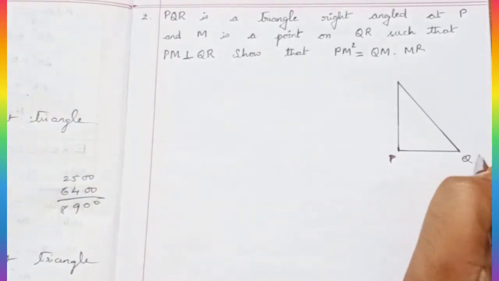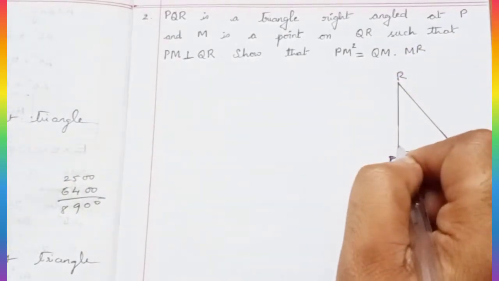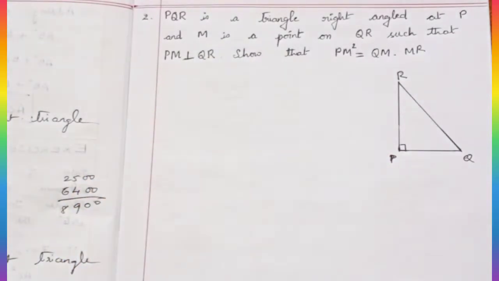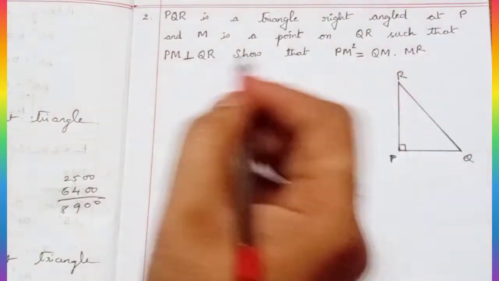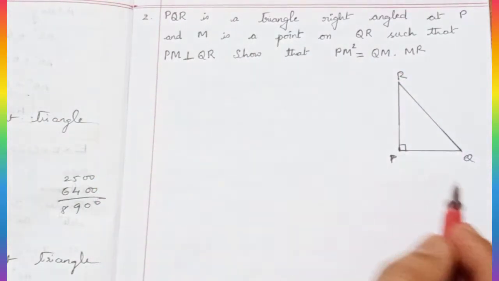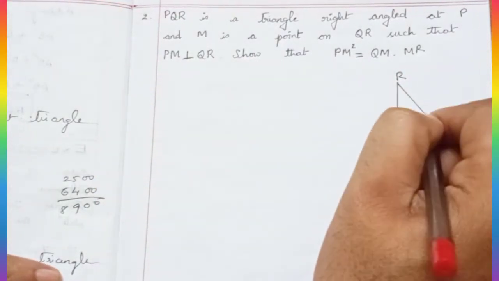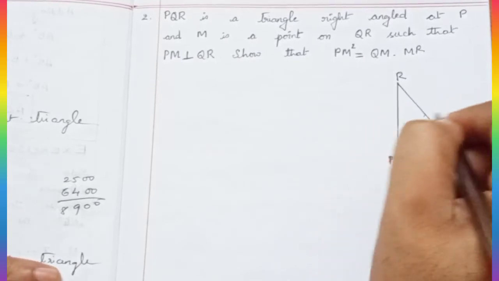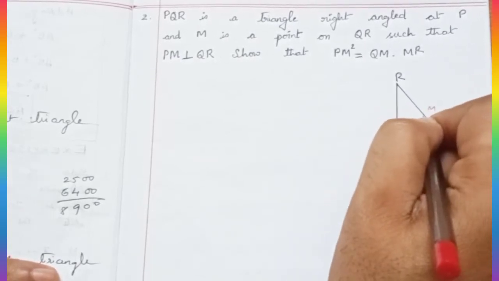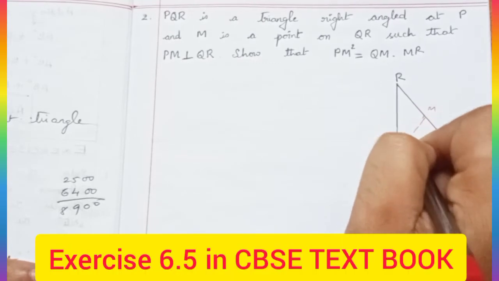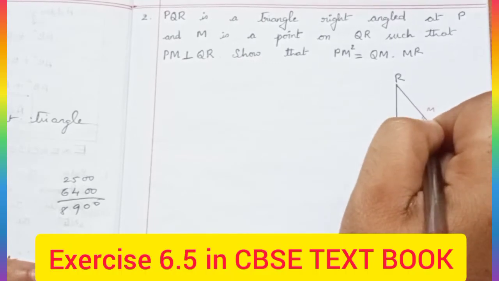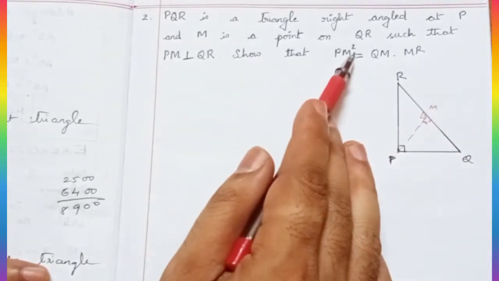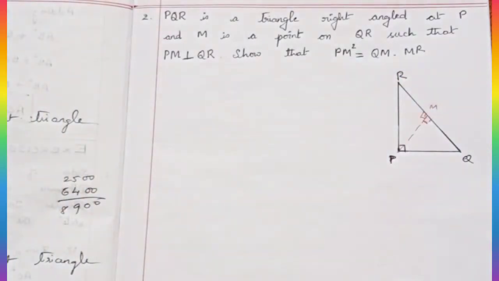P, Q, R. So it is right angled at P. And M is a point on QR such that PM is perpendicular to QR. We'll mark M here. So PM is perpendicular to QR. So we need to show that PM square is equal to QM into MR.